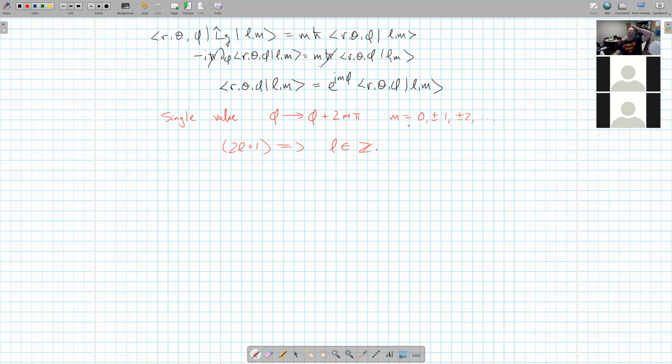Now what's kind of interesting about this is that for the two-body problem, the allowed L values are actually integers. Unlike the single proton or electron, which had L values equal to half integers. So this was for the one-body problem. This goes back to the addition of angular momentum that we talked about before.